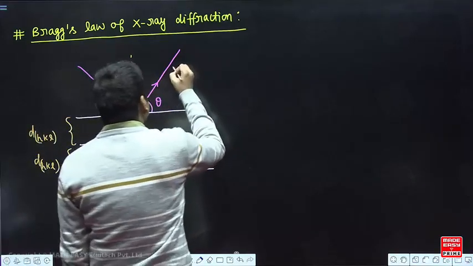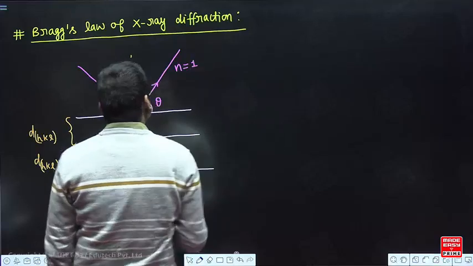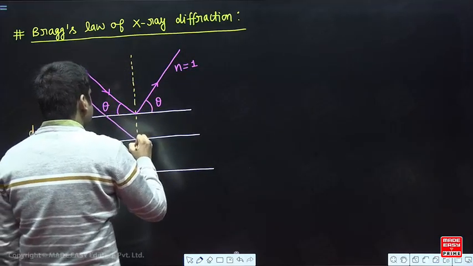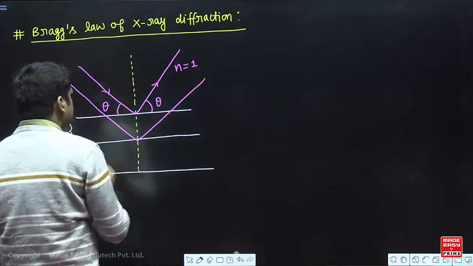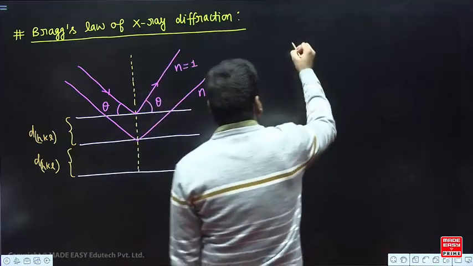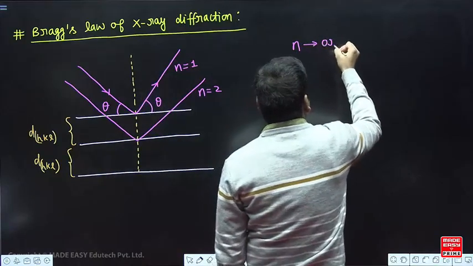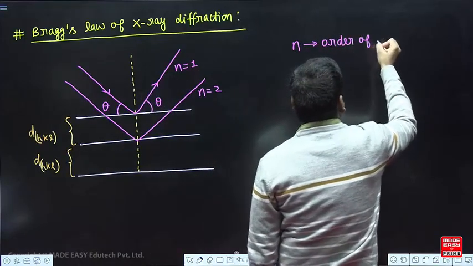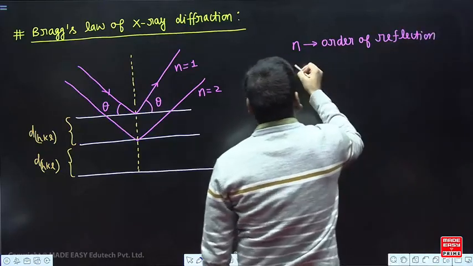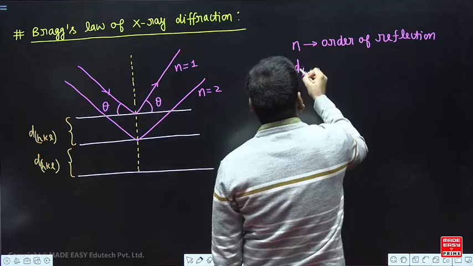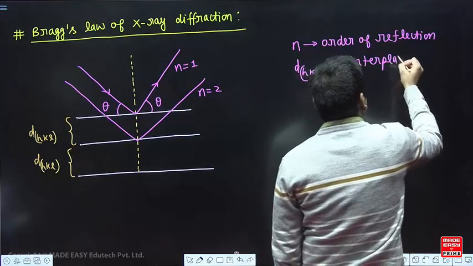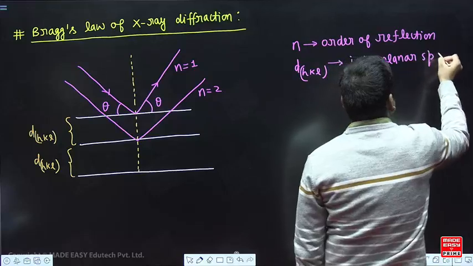So if it is reflected from the first plane, then I would say n is equal to 1. Suppose it comes like this and is reflected from the second plane, the same angle theta. So it is n is equal to 2. So here n is known as order of reflection. DHKL is interplanar spacing.